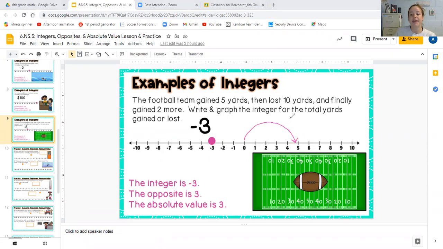But then we lost 10 yards, so we would count going back 10 yards. If I go back 10 spaces, starting at that 5: 1, 2, 3, 4, 5, 6, 7, 8, 9, 10. That would put us at the -5. But then it says we gain 2 more.